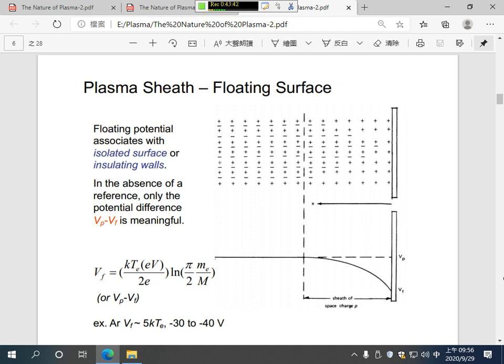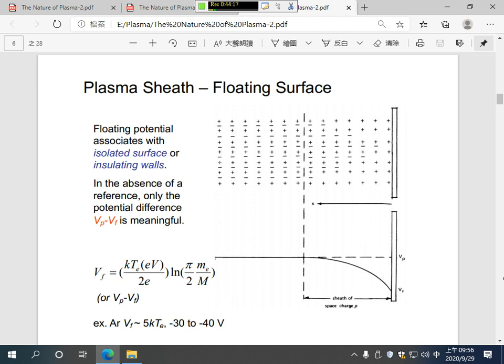So at the beginning, on the surface of this insulator, we can find that the flux of electrons is much larger than the flux of ions. But after the sheath is built up, and the plasma reaches a steady condition, in the sheath region we can find that the flux of electrons and flux of ions become equal in a steady state.